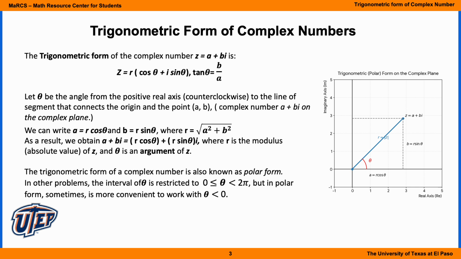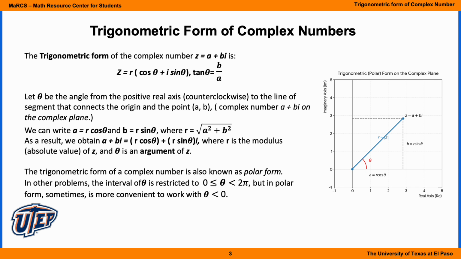Let theta be the angle from the positive real axis, counterclockwise to the segment that connects the origin and the point (a, b), the complex number a plus bi on the complex plane. So we can write a is equal to r times cosine of theta, the real portion, and b is equal to r times sine of theta, the imaginary portion.